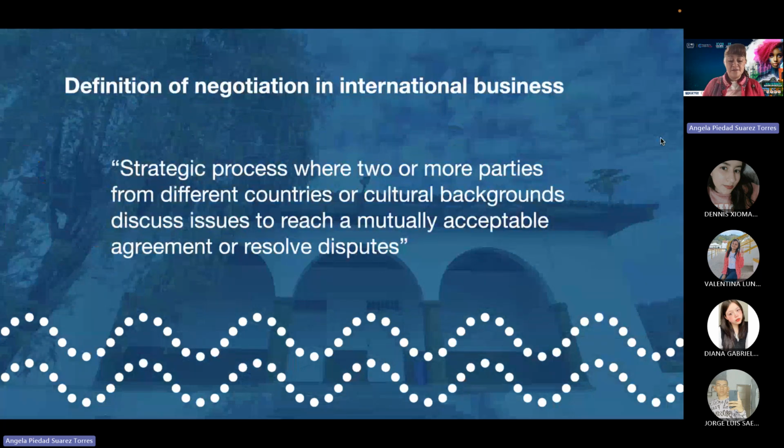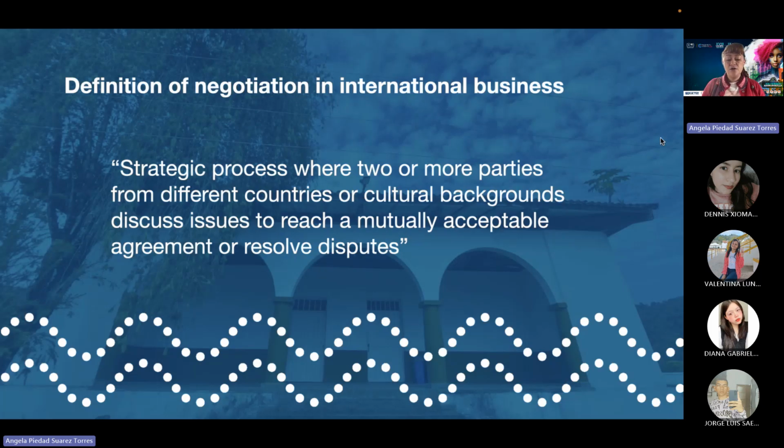Some key aspects include that it's a dynamic and complex interaction that requires cultural sensibility. So we've been talking about the cultural background and the cultural knowledge, strong communication skills, and flexibility regarding different business practices.